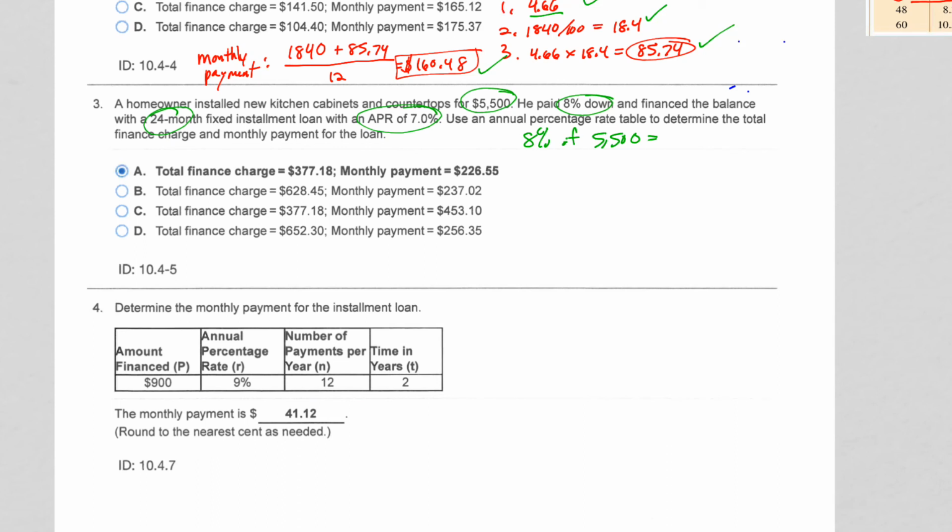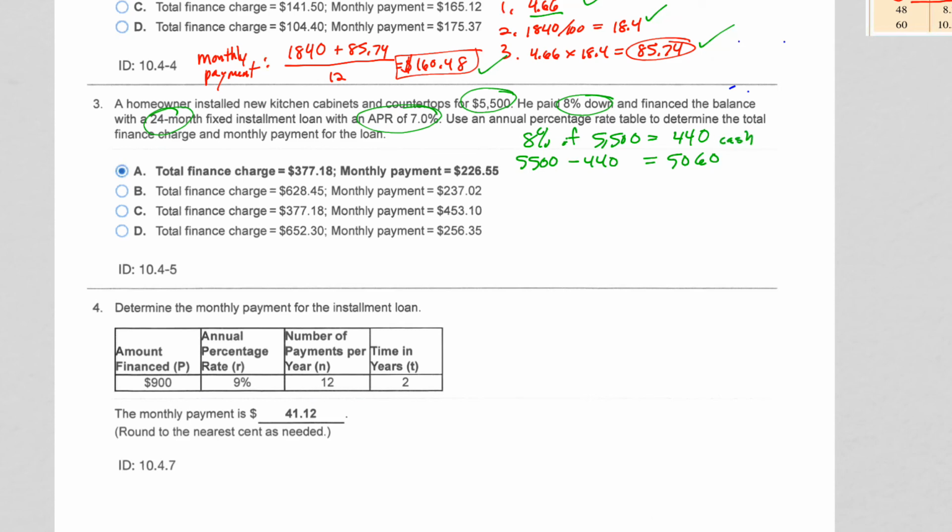That's going to give us $440. Then we subtract that cash from the price. That's going to give us $5,060.